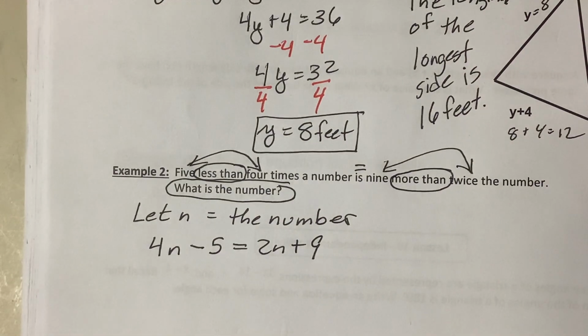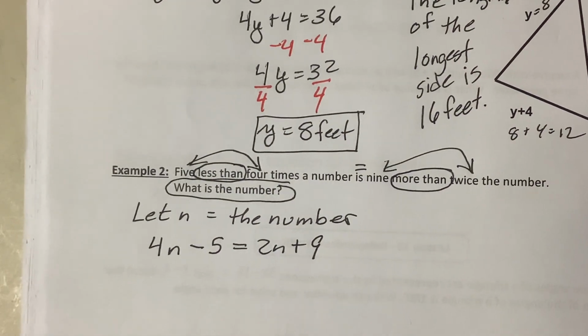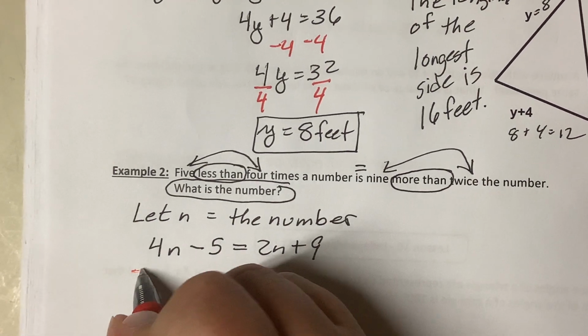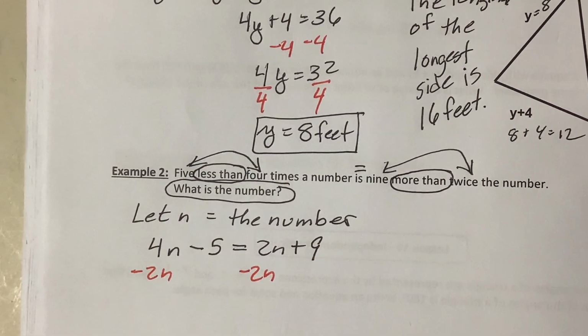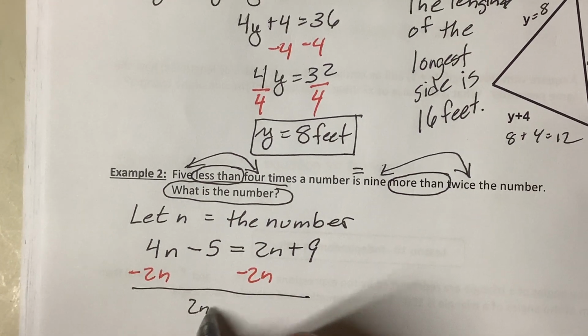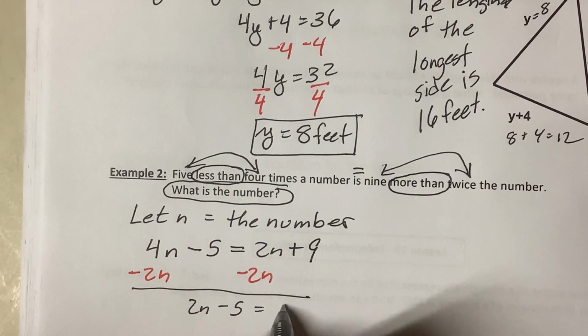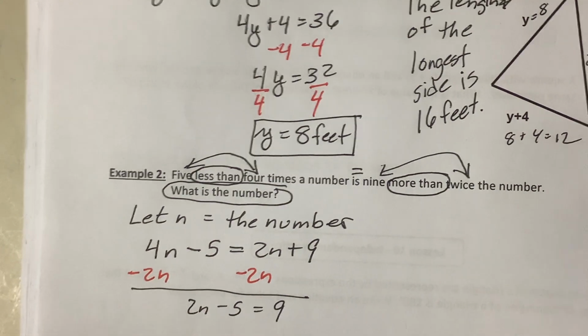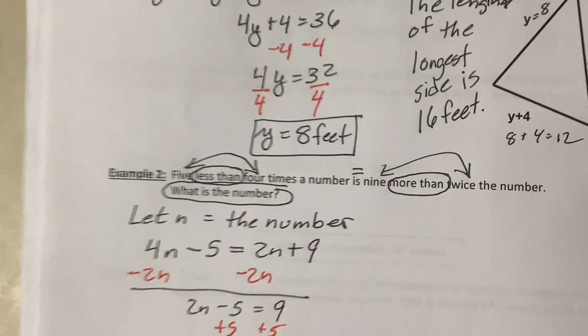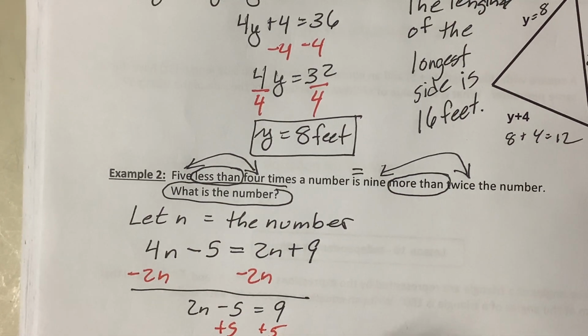Okay, I want to get all my variables to one side. So I'm going to subtract 2n from both sides. And I get 2n minus 5 equals 9. And now add 5 to both sides, and I get 2n equals 14.